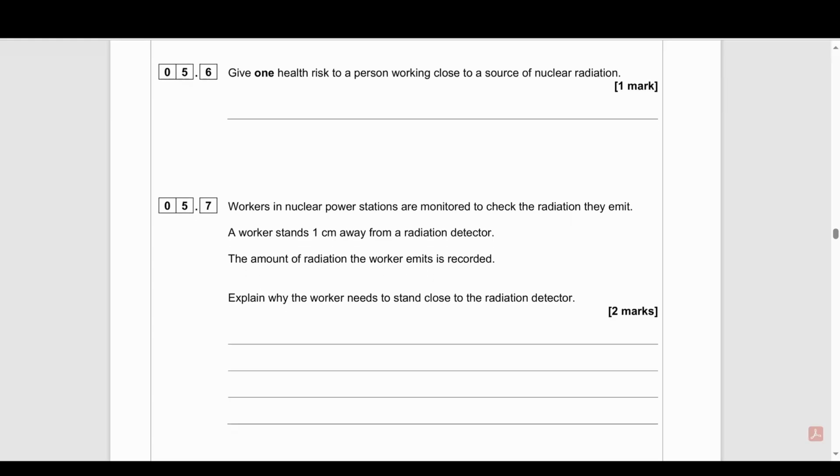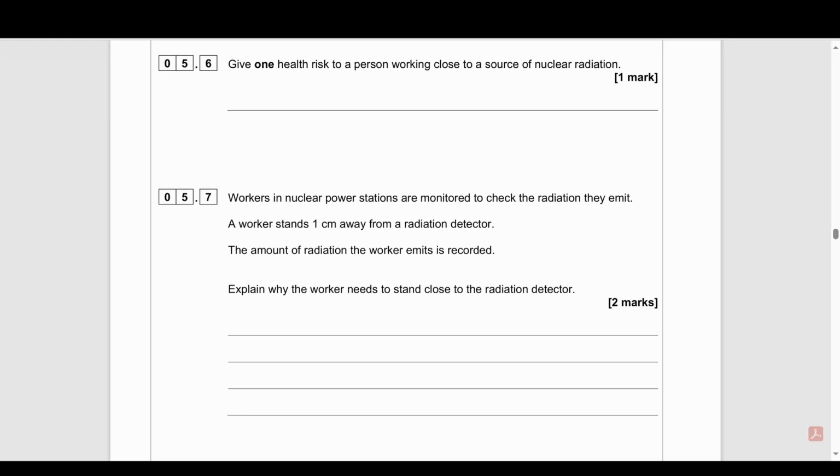Question 5.6. Give one health risk to a person working close to a source of nuclear radiation. Well, one of the common issues with someone that's been exposed to radiation is going to be cancer.